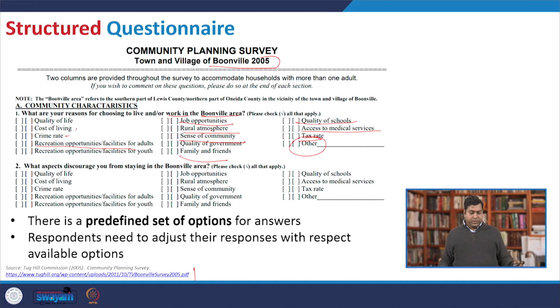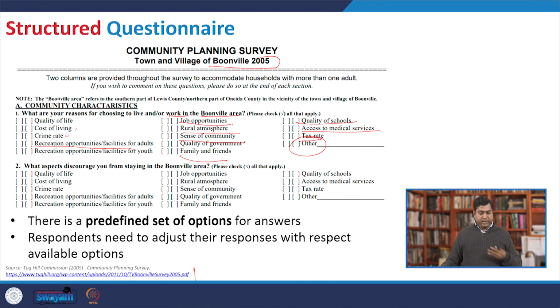Now the typology of this particular question can be an MCQ, where you only select the best reason or the most important reason, or you can even go for selecting multiple reasons.